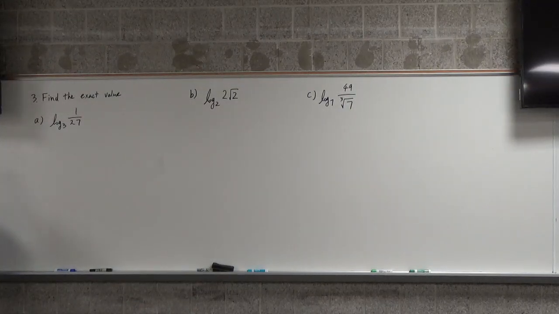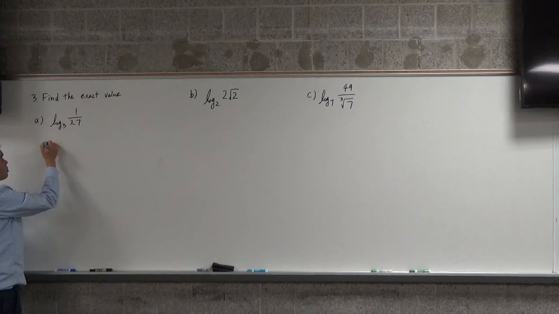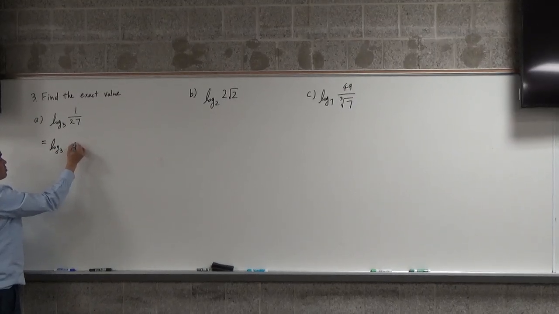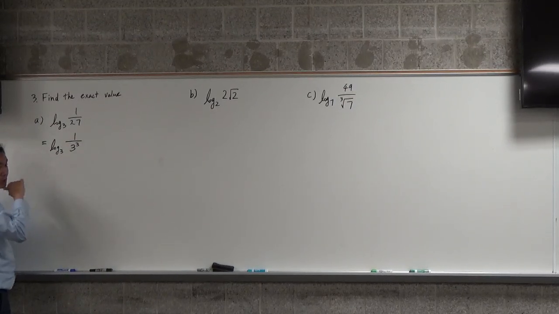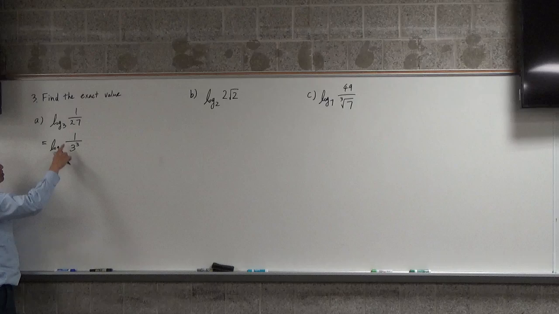Okay, let's find the exact values. So for this one way to do it would be to write this as 27 is 3 to the third power. It's a good idea to know what this number is a power of 3, whatever this base is. Right?